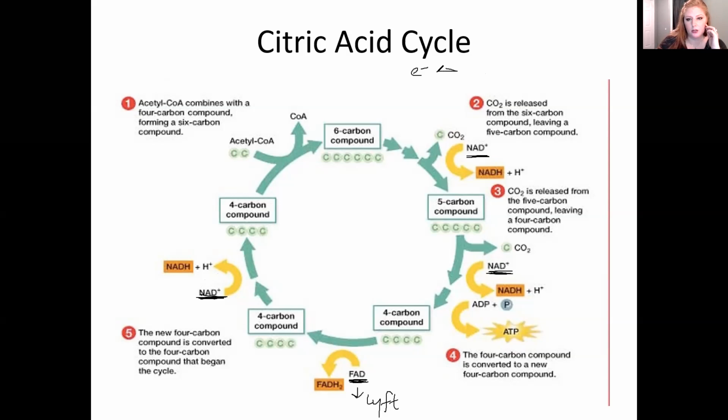So our electrons are going to the electron transport chain. It is a party that any electron who knows what's up is going to want to be at. Doesn't it just sound amazing? It is hip.